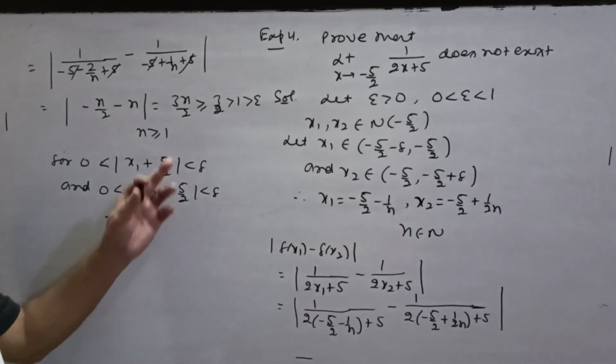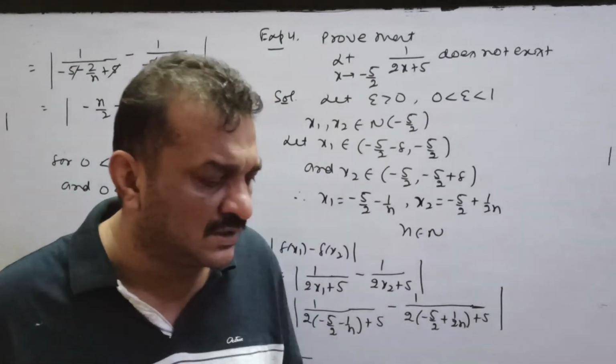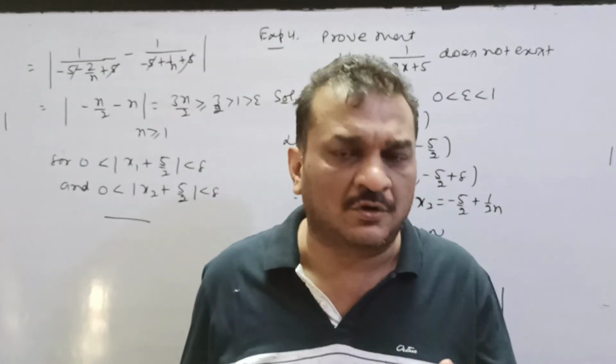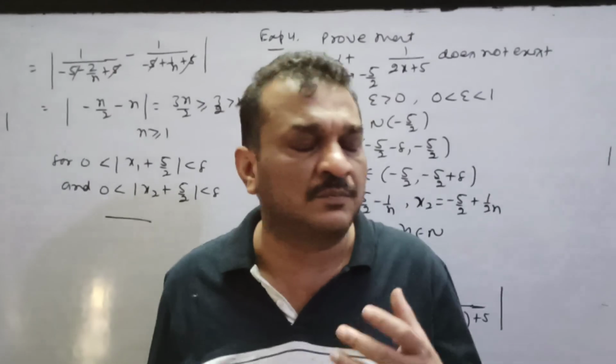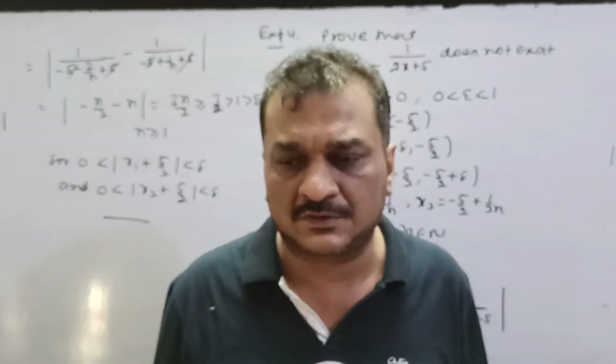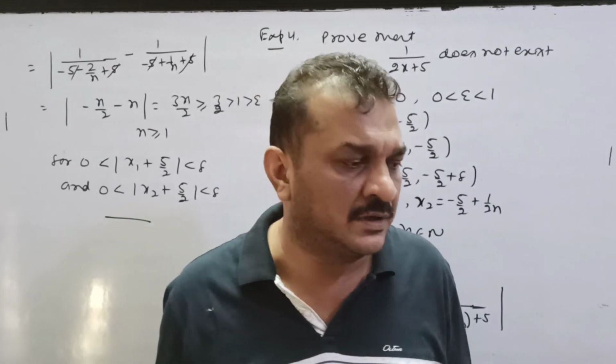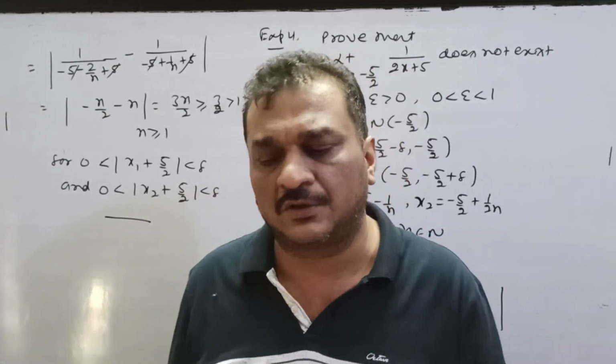So this one does not exist. So these are examples where the limit of a function does not exist. Beta, try the exercise questions. Thank you very much.